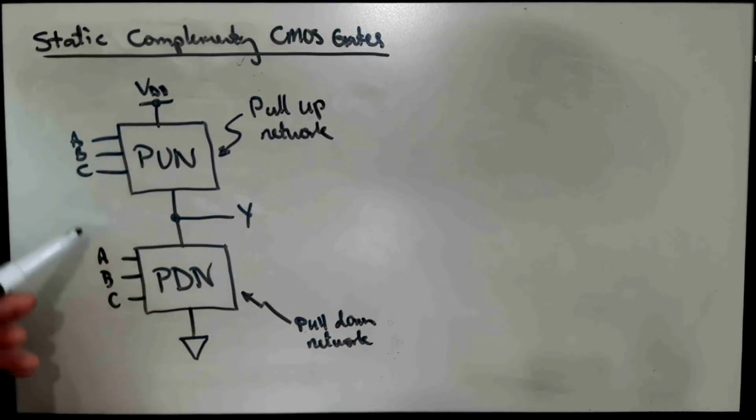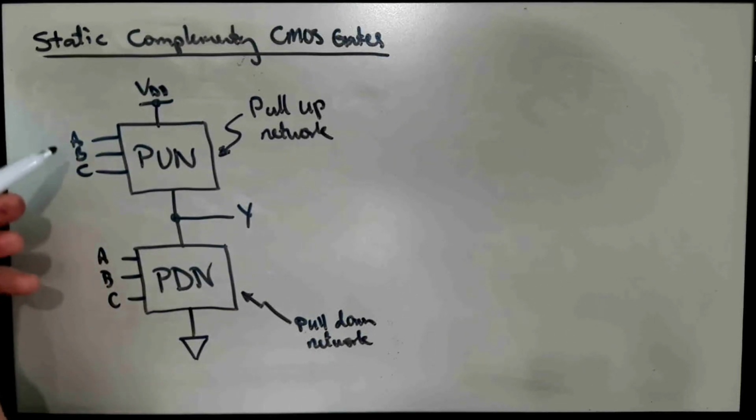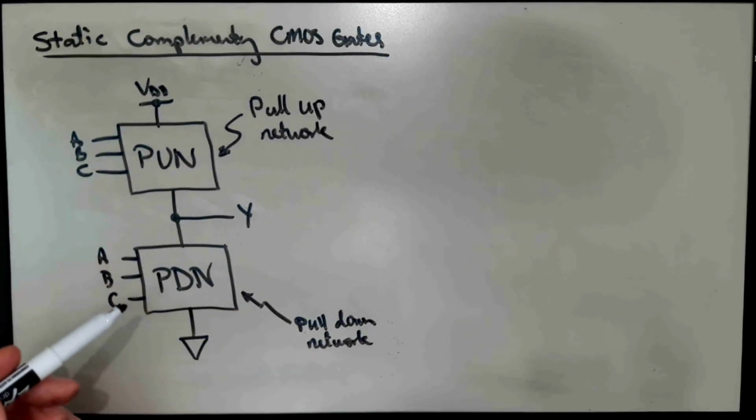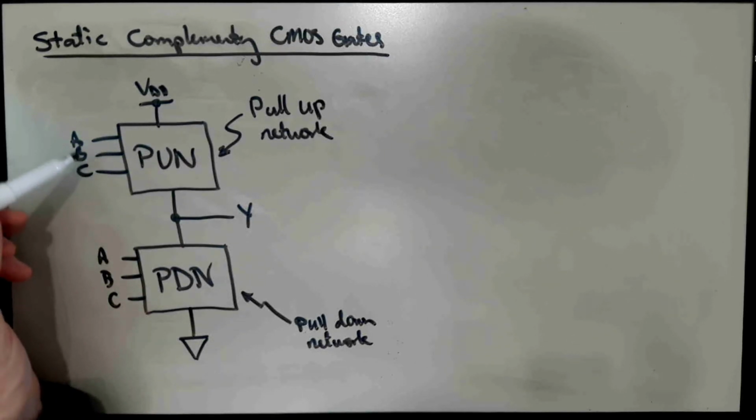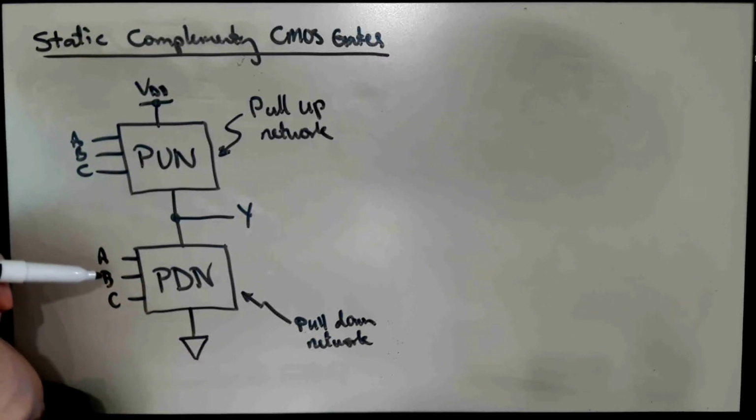And A, B, and C here represent the inputs to the gate. There could, of course, be more than 3 or less than 3. And then usually you'll find all of the inputs supplied to the pull-up network are also supplied to the pull-down network.